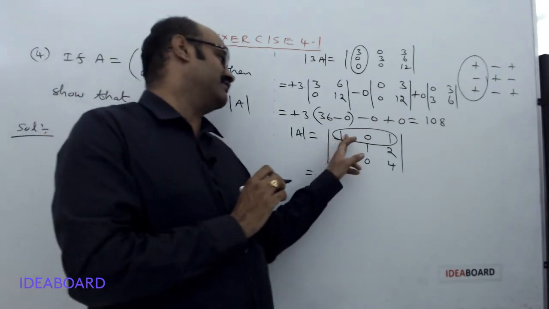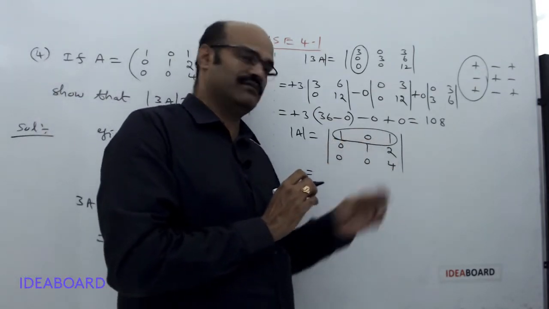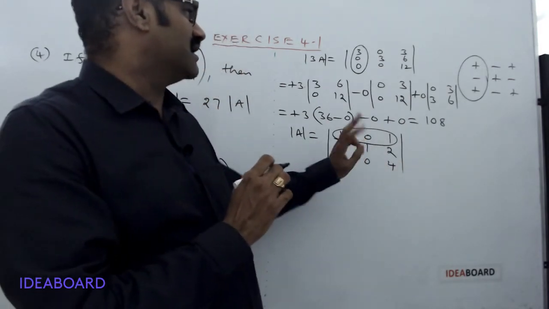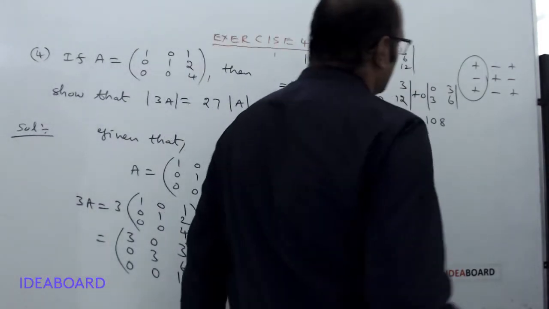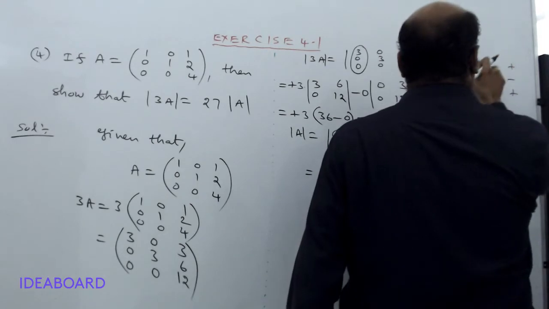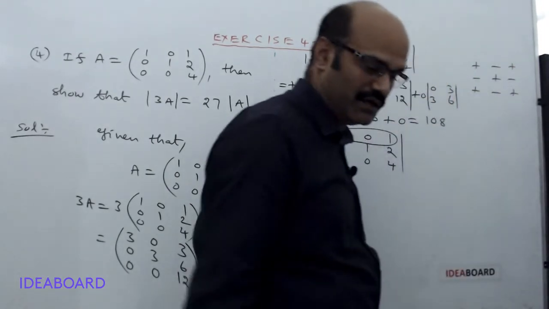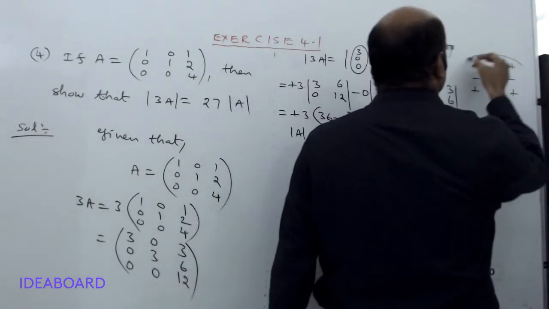In the R1 we are having the 3 elements 1 0 1. We are having the signs here. Along R1 we have the signs plus minus plus.